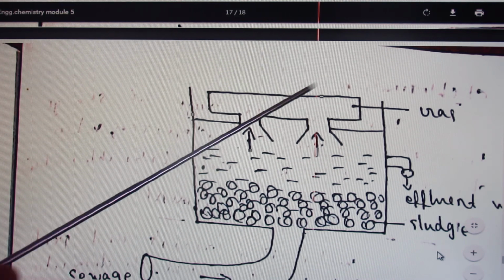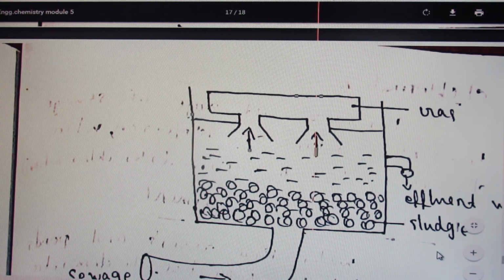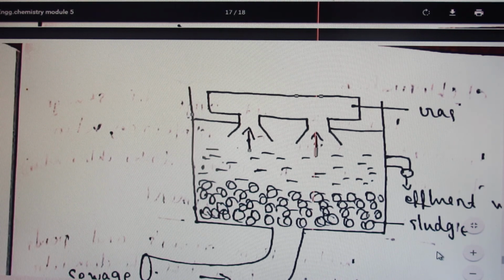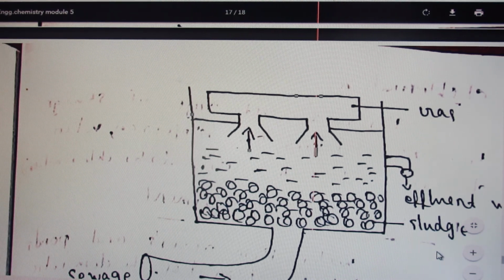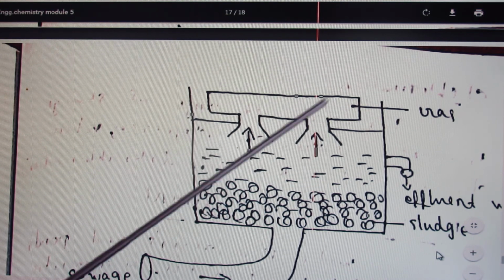It is a 3-phase separator apparatus, so we can obtain pure water, methane or biogas, and effluent wastewater from this chamber. This method is called UASB.